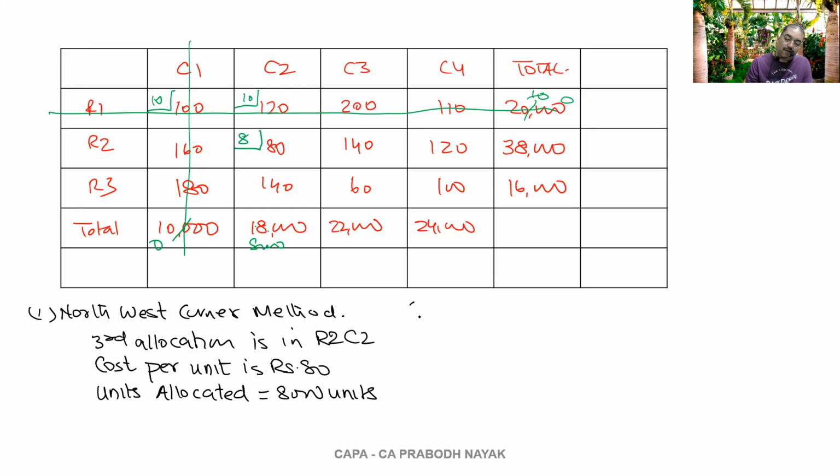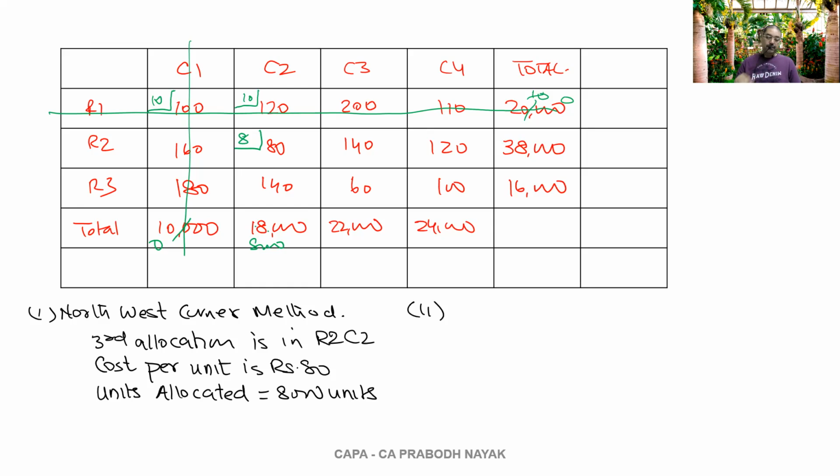Okay, like this now do the second part and third part, Vogel's approximation method and least cost method. Tell me the answers. Sir, least cost method is R1C1. R1C1. Okay. What is the cost per unit? 100. And allocation? Allocation is 10,000.